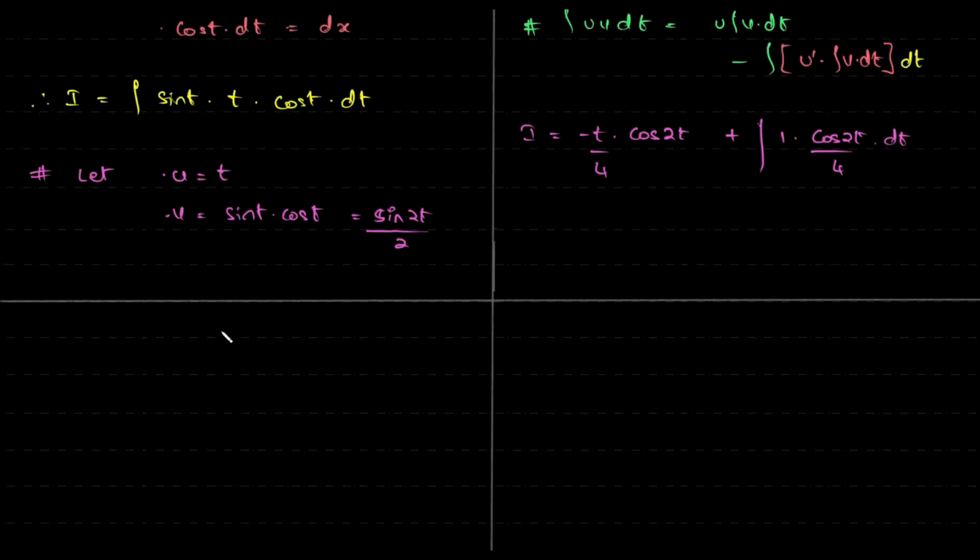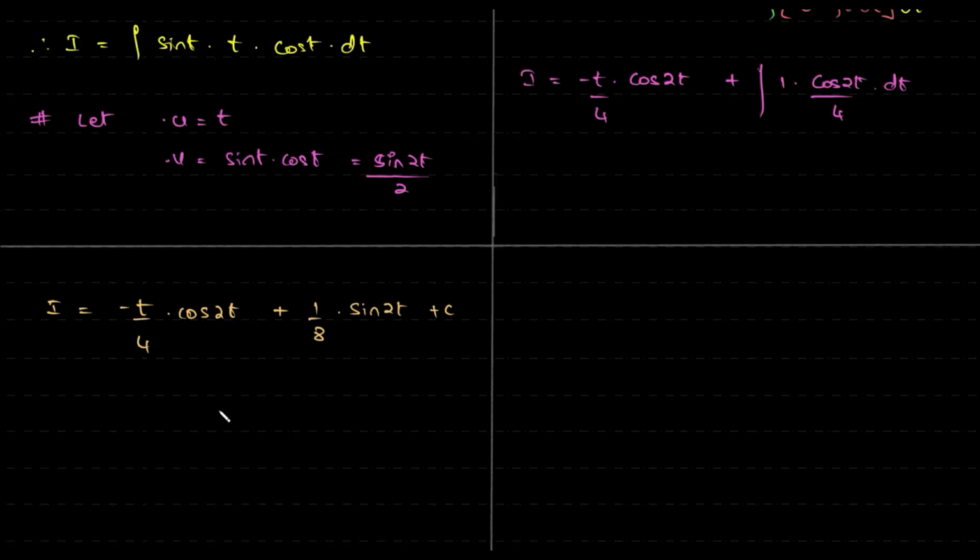And at last, again integrating this would be minus t by 4 cos of 2t plus 1 by 8 sine of 2t plus a constant. Again, all you have to do is think of differentiating this, see to that you get back this. If you have any confusion, if you do that process, you will see that you need a 2 in the denominator. So 1 by 4 into 1 by 2 is 1 by 8.